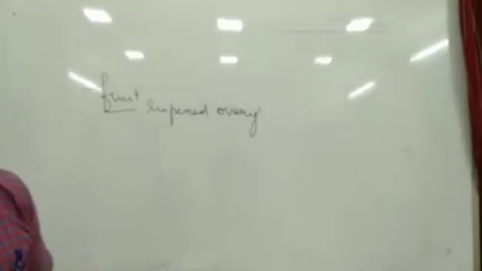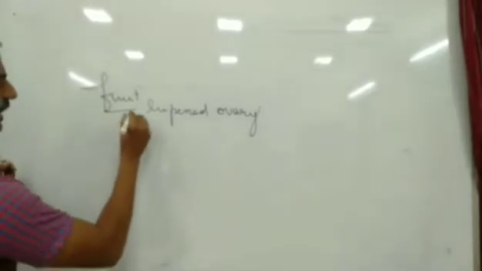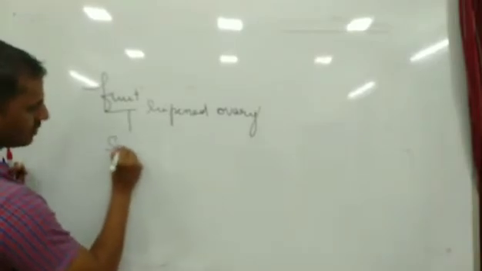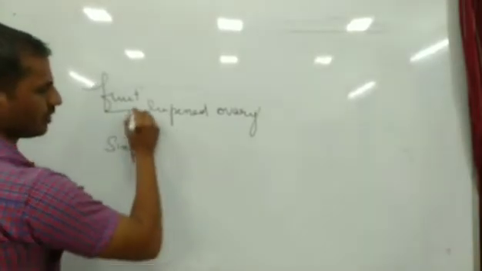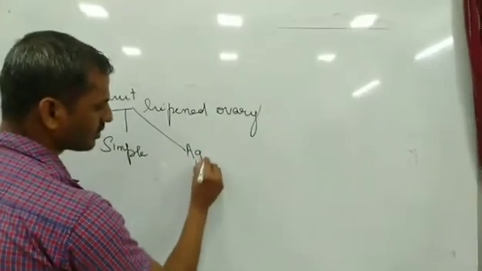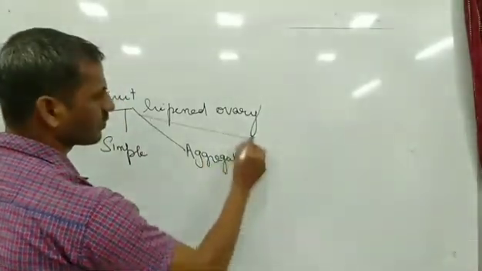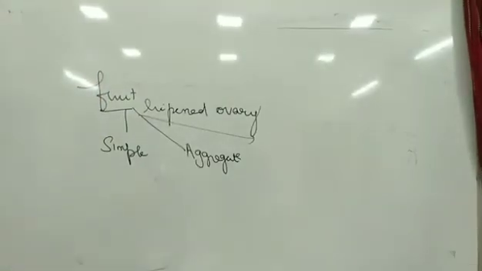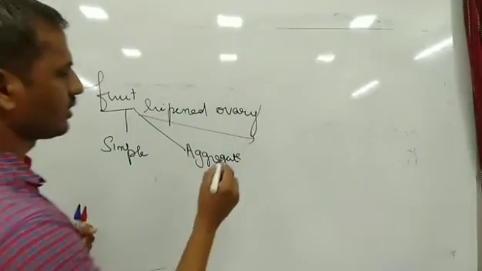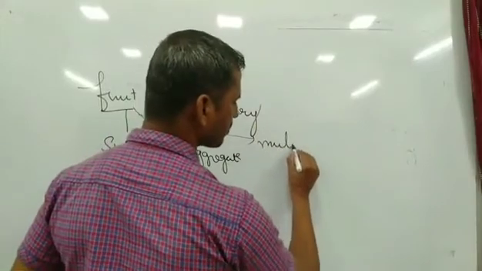Fruit is mainly of 3 kinds: simple fruits, aggregate fruits, and another one is multiple fruits.